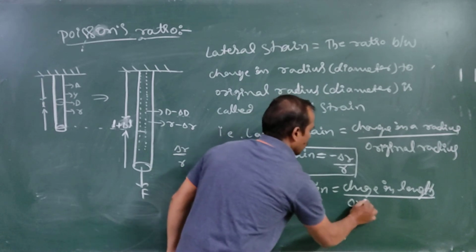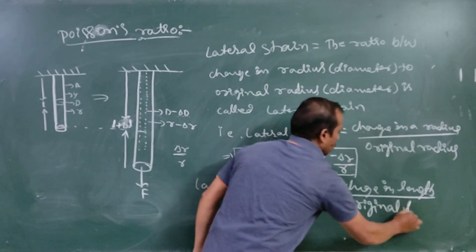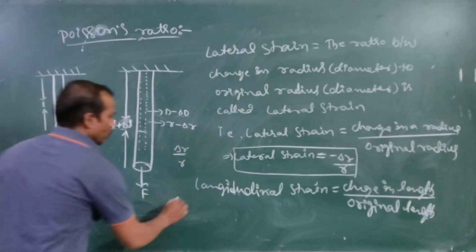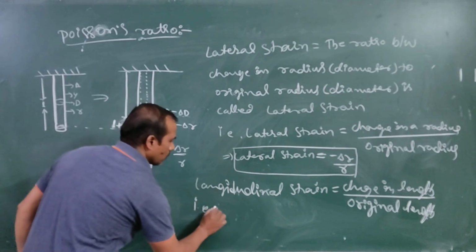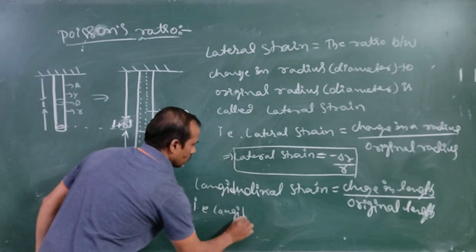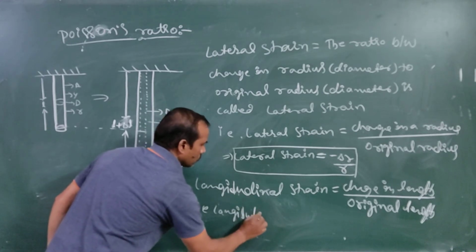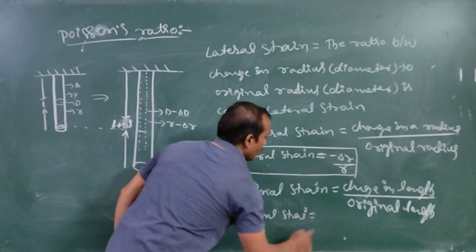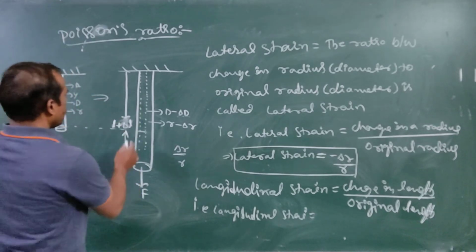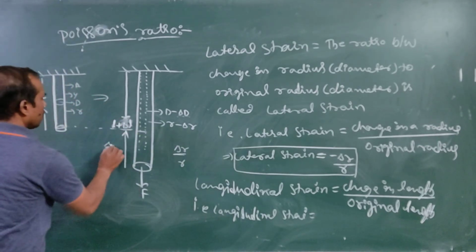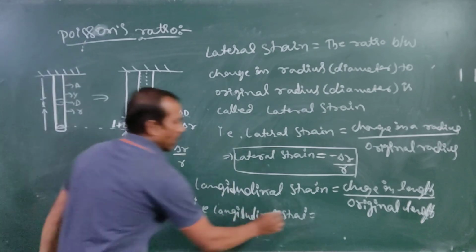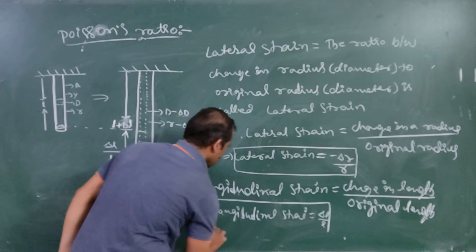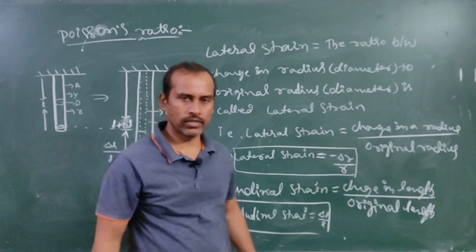Here the change in length is delta L, and the original length is L. So delta L by L, the change in length by the original length, is the longitudinal strain.